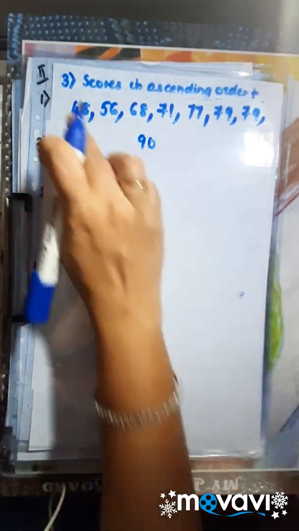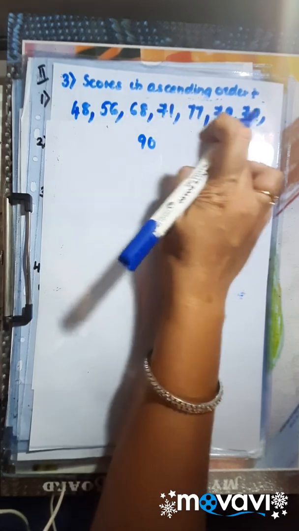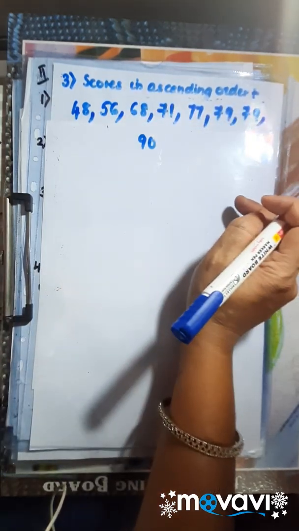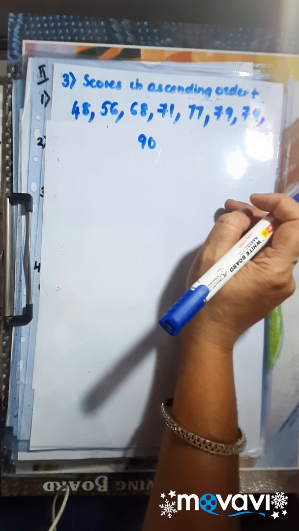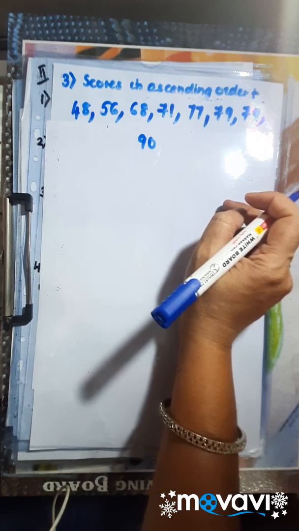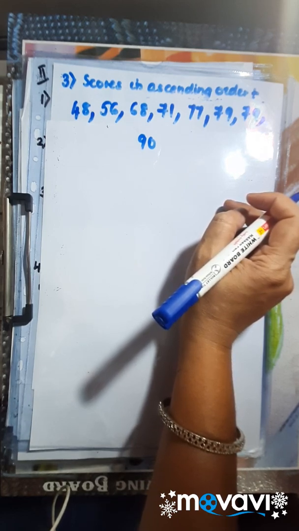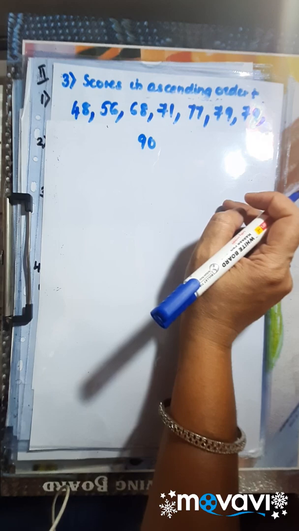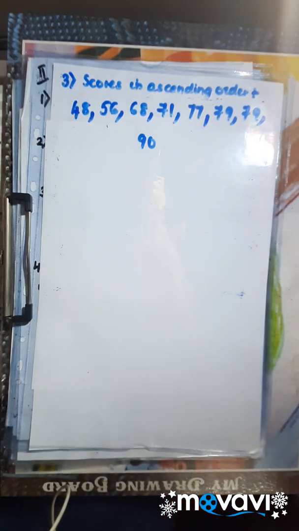Let's see whether one score we have missed out. 48, 56, 68, 71.